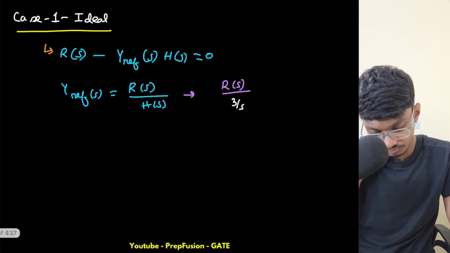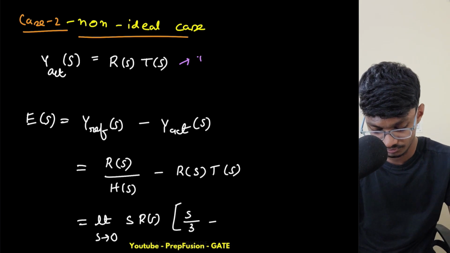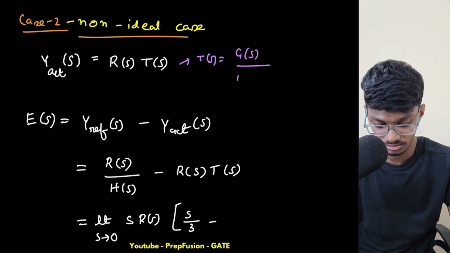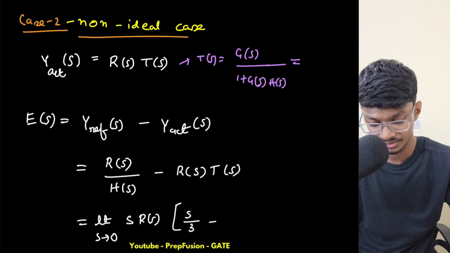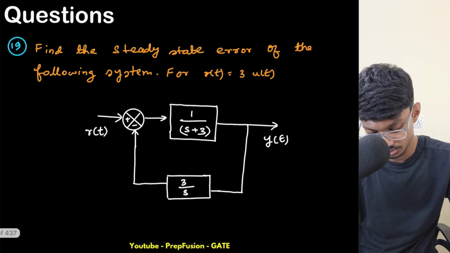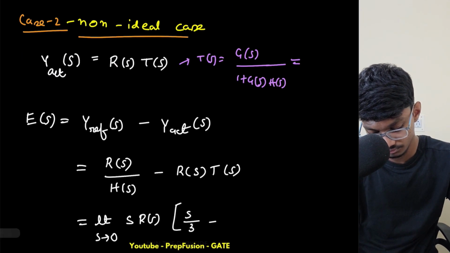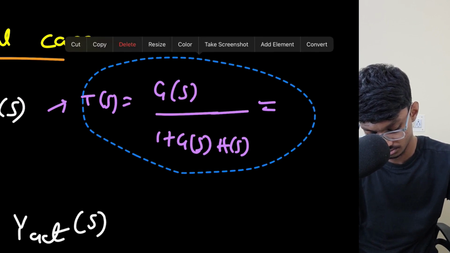What is t of s? So let us find the t of s. So t of s will be g of s upon 1 plus g of s into h of s. What is it? So it is 1 by s plus 3. Write this here in small, like I don't have enough space.